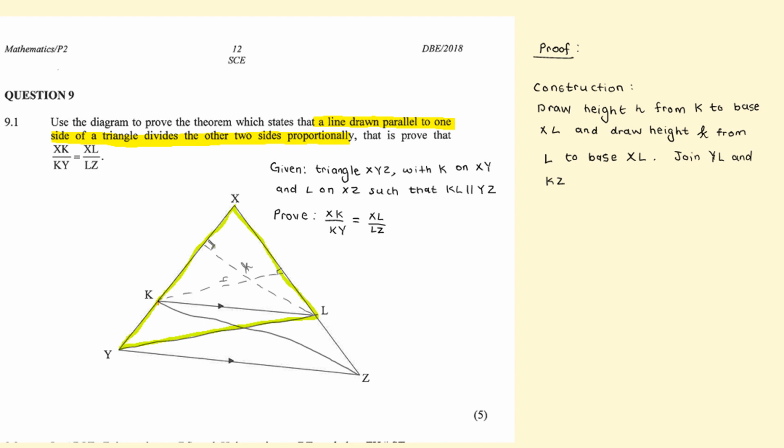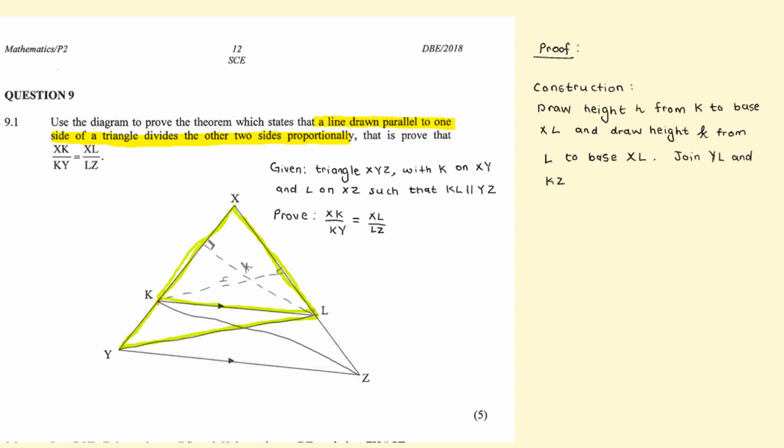The perpendicular height for that triangle is K. Within this big triangle you have triangle XKL, but you also have triangle KYL, which is at the bottom.